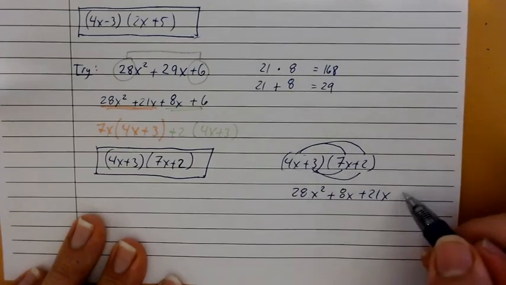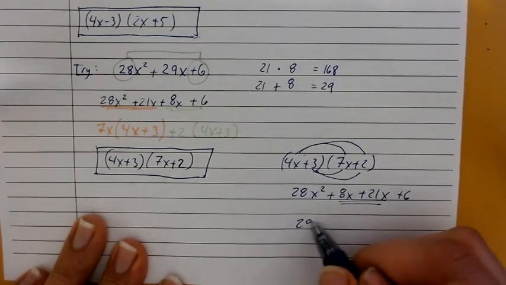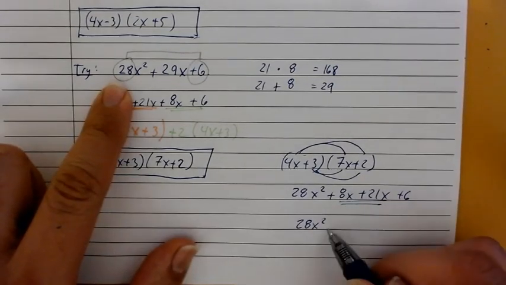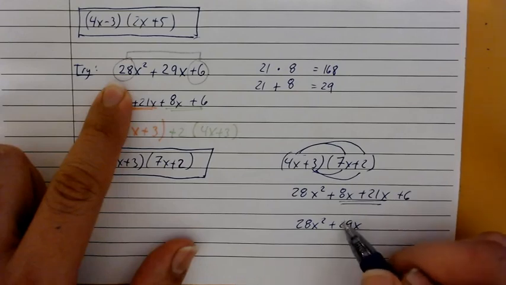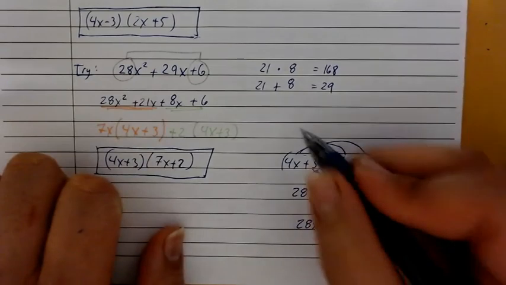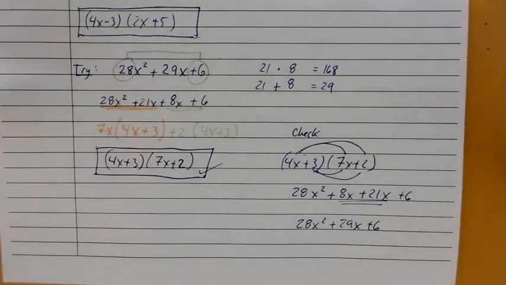And then 3 times 2 would give us 6. And if you combine these two like terms, you get 28x squared plus 21x plus 8x, which is 29x, plus that 6, which is exactly what we started with. So this does confirm that that is the correct factorization.